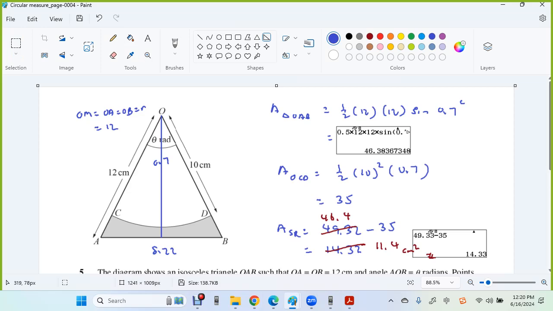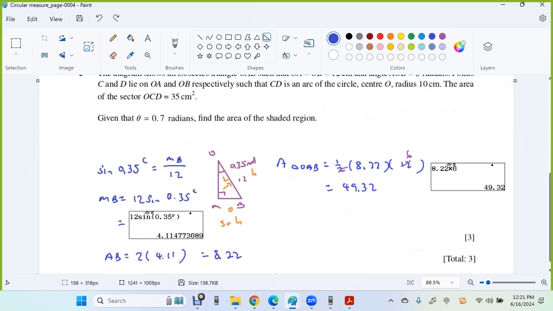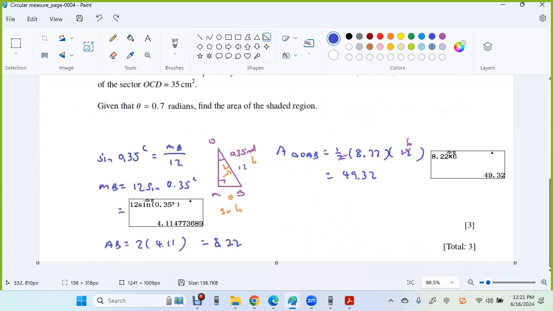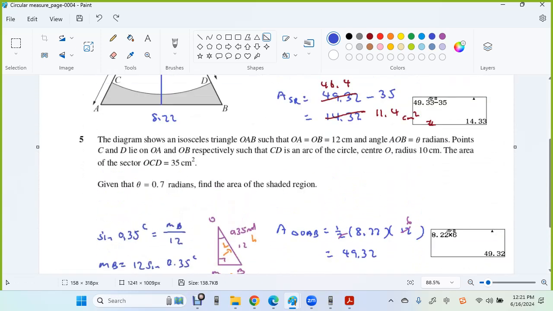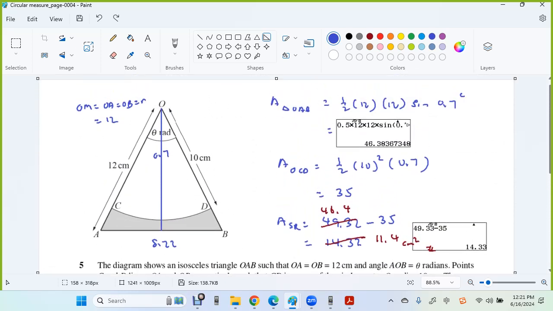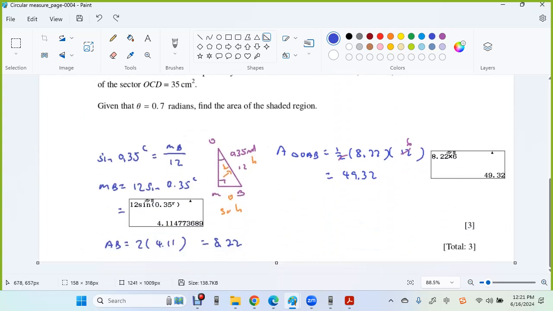If we have this one, we have the 8.22 and 12. Oh no, I made a mistake here. OM is not 12.